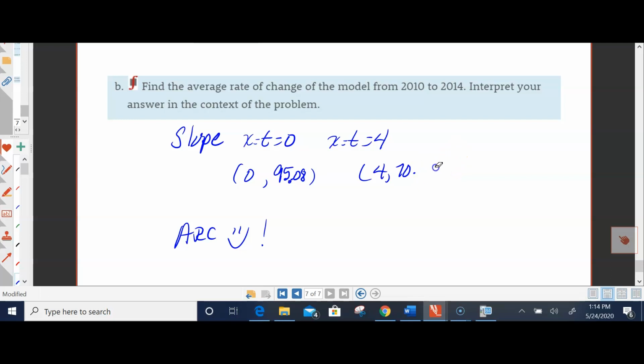That's a little messy. So I have an x value, I have a y value. Notice what I did. I just went to my table. X value of 0 corresponded to 95.08. X value of 4 corresponded to 70.534.